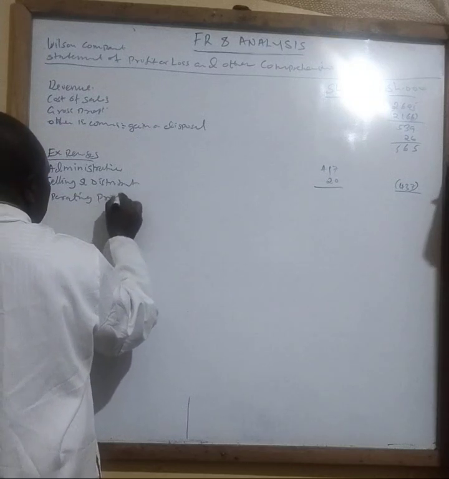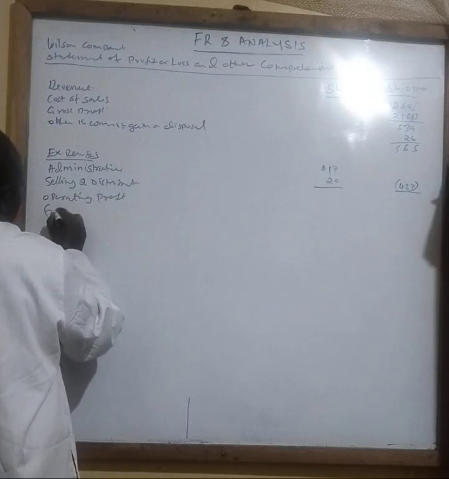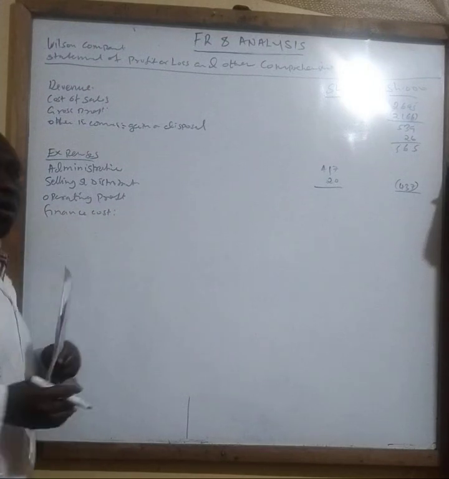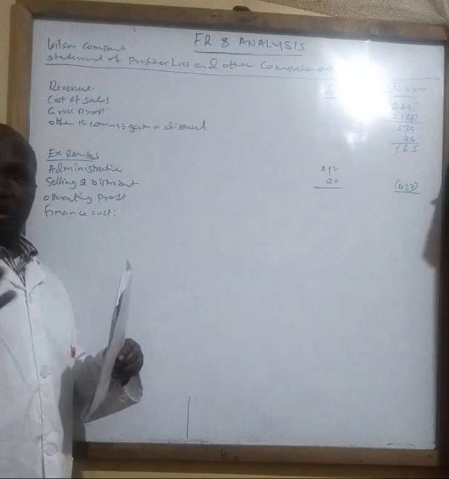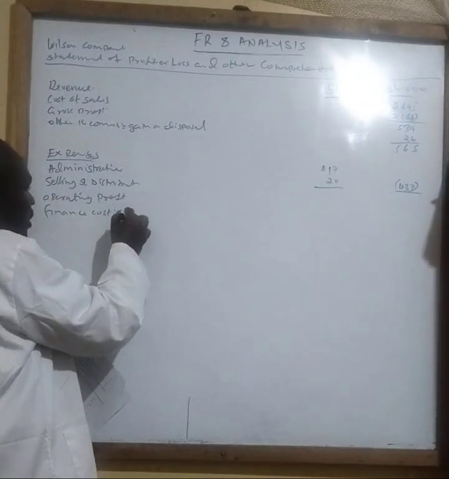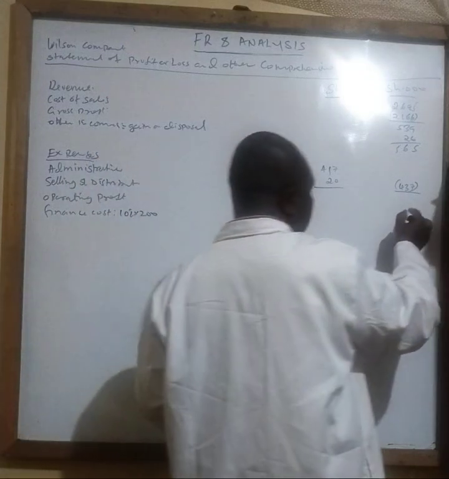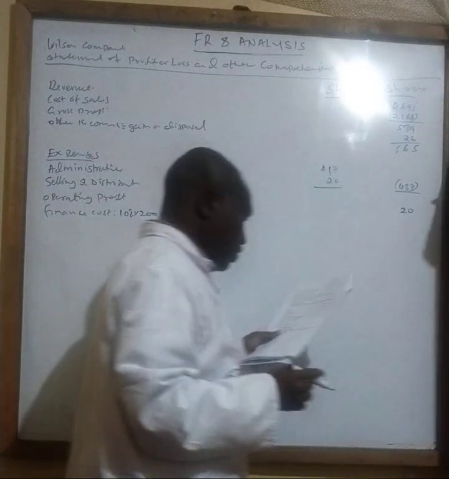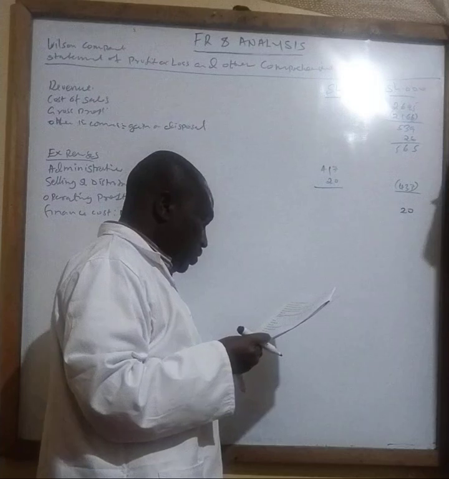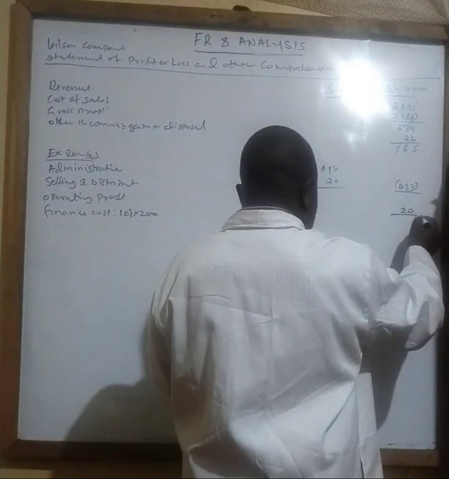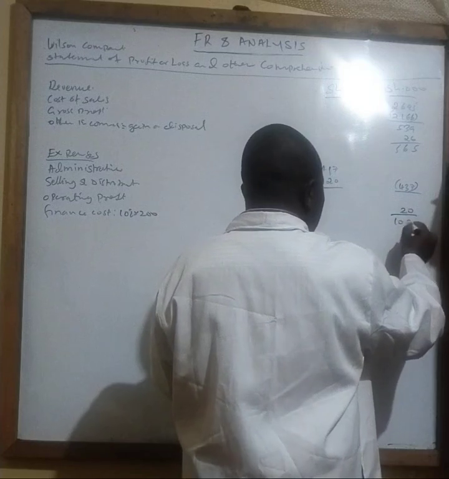Operating profit. Then from there we have finance cost, which I said you take the total, both what you have paid and what you have not paid. In this case it was 10% of 200. You get what? 20. So if you subtract now, work it out very well, your answer you'll get is 108.